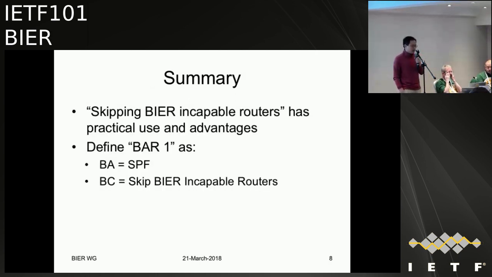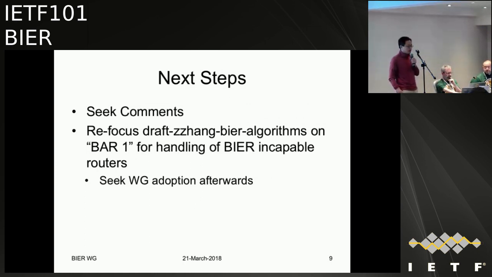So we believe that doing it this way has a practical use and advantages depending on the scenario. So we want to go ahead with this bar 1 definition, which is SPF with beer incapable router skip. So we are seeking comments, and we will probably just refocus that existing draft on this particular topic, and after that we will seek a working group adoption.